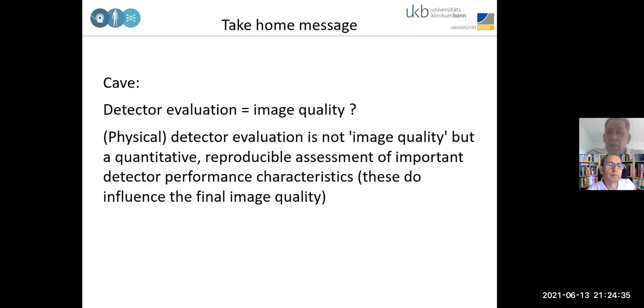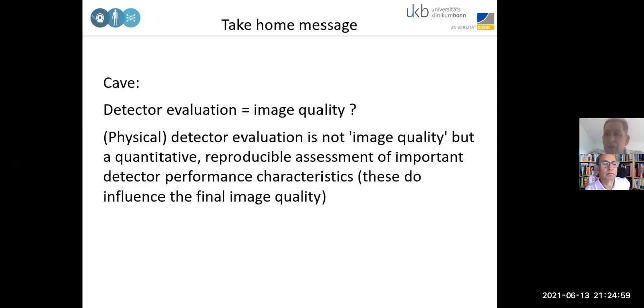So what is the take-home message then? Be aware: is the detector evaluation the same as the image quality? No. Detector evaluation is not image quality. But if you have a detector and you know its characteristics, then you know how your final image quality will be. But detector characteristics are not image quality.